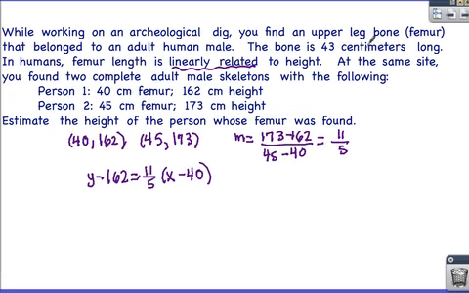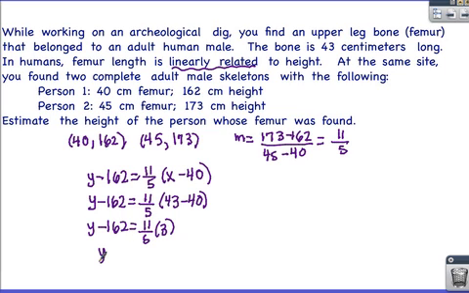And now we know that the bone is 43 centimeters long for the other leg bone that was found, so now we're going to estimate the height. So we plug in 43 for x and solve for y. So y minus 162 equals 6.6.